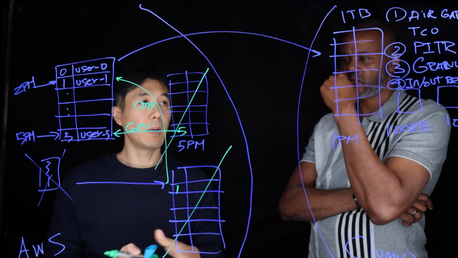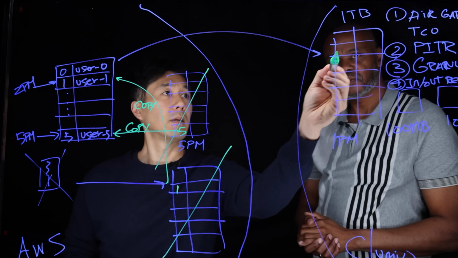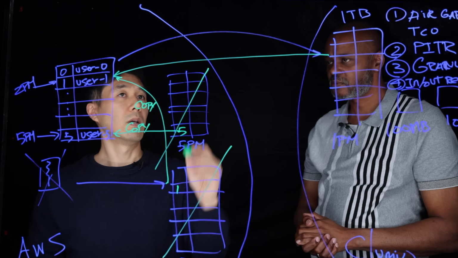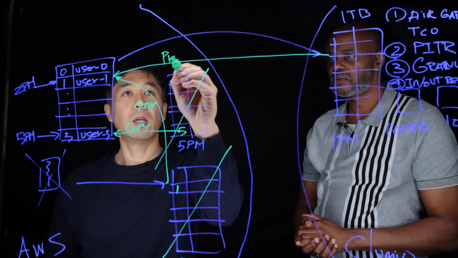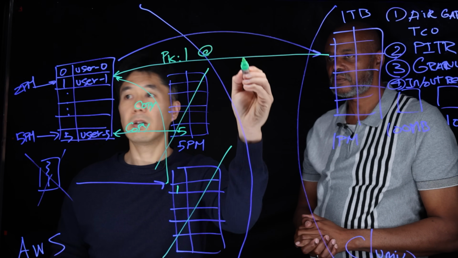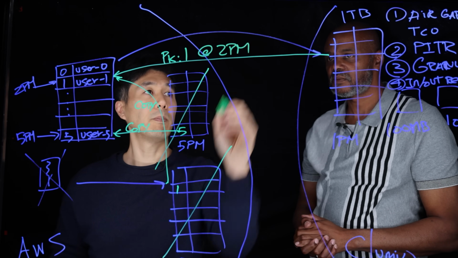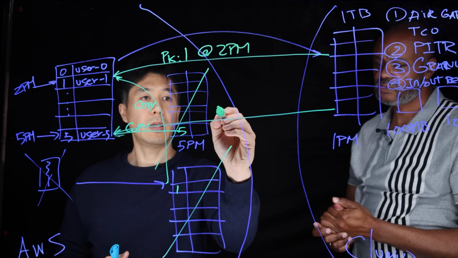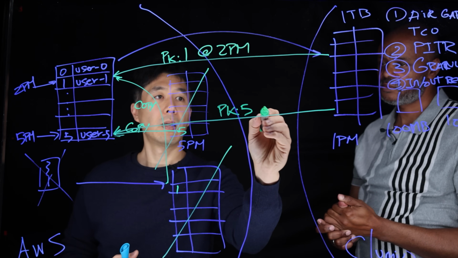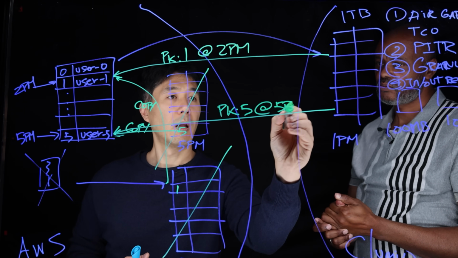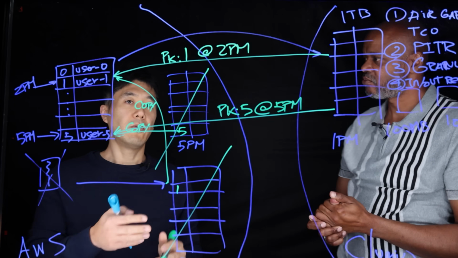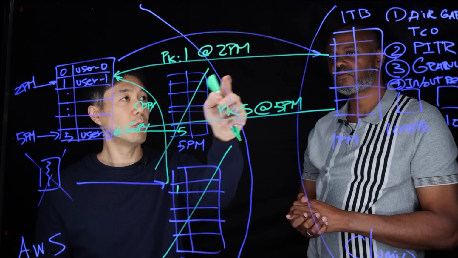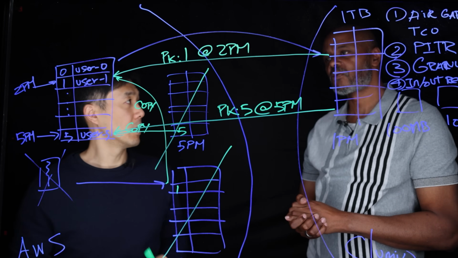So the first API call takes partition number 1 and restores it directly into the table: partition key 1 as of 2 p.m. One API call. The second API call will say partition key 5 as of 5 p.m. So there's no need for full restores, to copy things over, or to delete things. It's just 2 API calls, and then you are able to patch it and go.